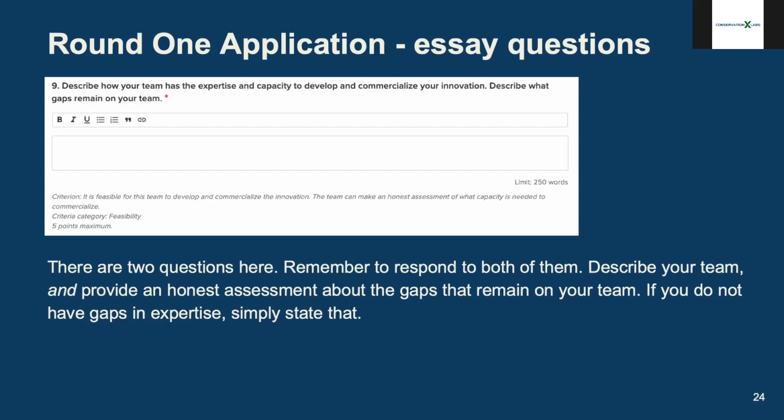So if you don't have gaps in your expertise, you can simply state that, but I really recommend that you're honest here about the team and the needs for your team.